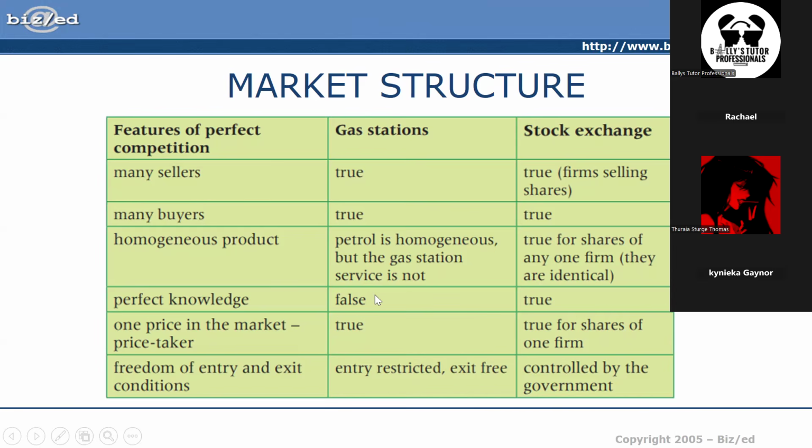You don't have perfect knowledge at the gas station, but you have perfect knowledge with shares. There's one price in the market for gas, and one price for shares from a specific firm, but there's not full freedom to enter and exit at the gas station. So gas stations wouldn't be fully perfect competition. The stock exchange will be closer to it.